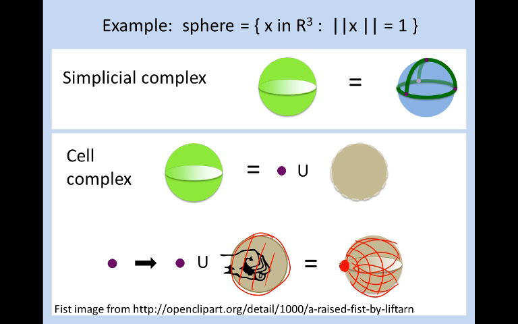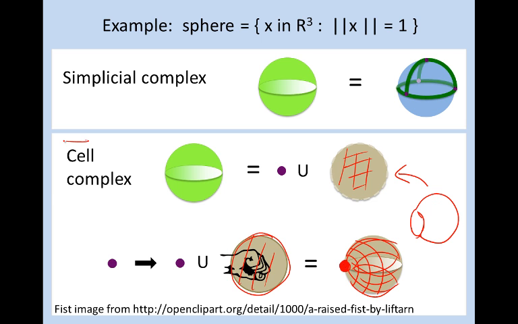So if I remove this vertex right here, I create a hole in my sphere. I can make this hole bigger and bigger and bigger until I eventually get the open two-dimensional disk. So a sphere minus a vertex is topologically equivalent to a 2-cell.